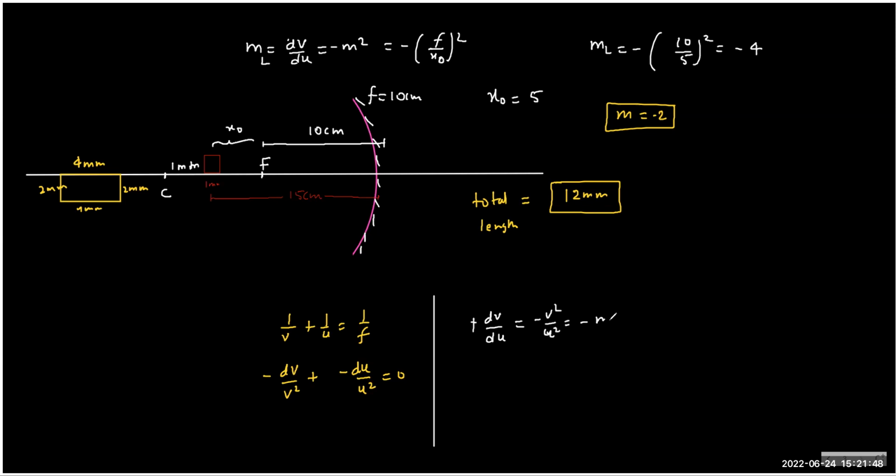And this is simply the linear magnification whole square. So that's why this is minus m square. And this we can write as f by xo whole square. So when du is very small, so this is like 1 mm. So dv is how much? Minus m.